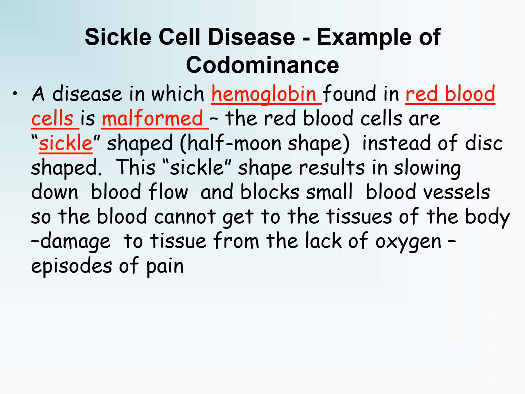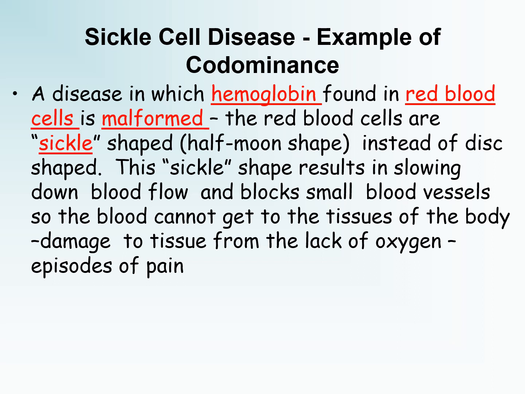It's a disease in which the hemoglobin, the molecule in the red blood cells that carries around the oxygen, is malformed. Red blood cells are usually nice and circular, but if somebody has sickle cell disease, the red blood cells take a sickle shape, which is sort of a half moon shape.